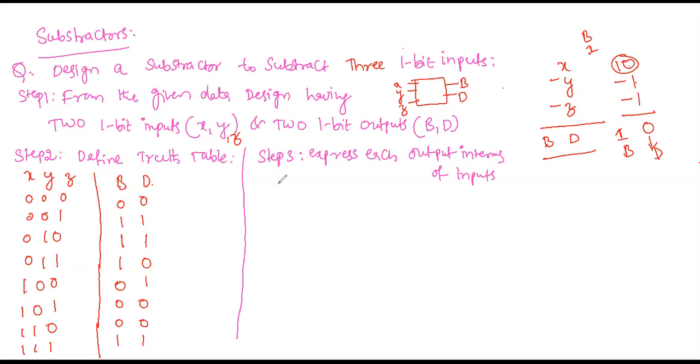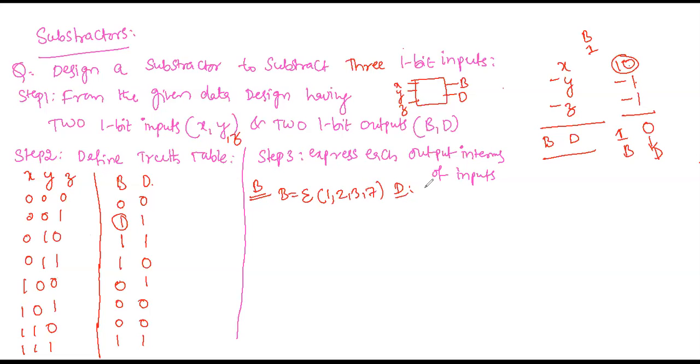Okay. Step 3, express each output in terms of inputs. We have two outputs, borrow and difference. Wherever it is 1, write down the equivalent value. Borrow is 1 when the input is 1, 2, 3, 7.